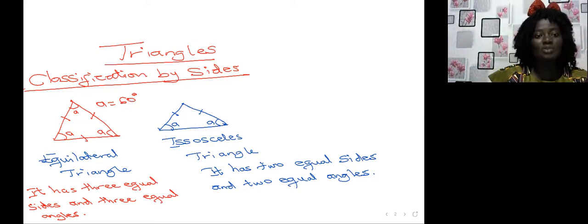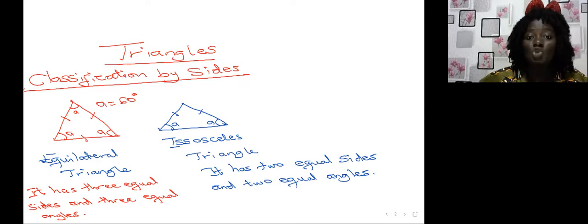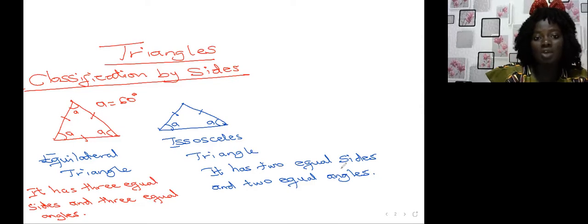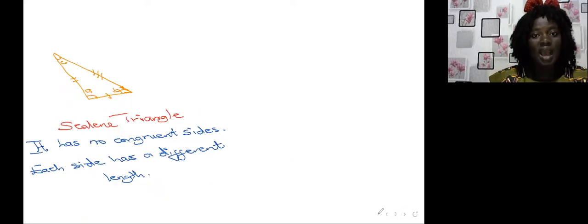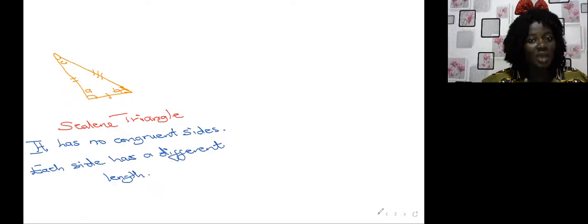Then we come to an isosceles triangle. From this diagram, we can see that an isosceles triangle has 2 sides equal and 2 angles also equal. Then we have the scalene triangle.